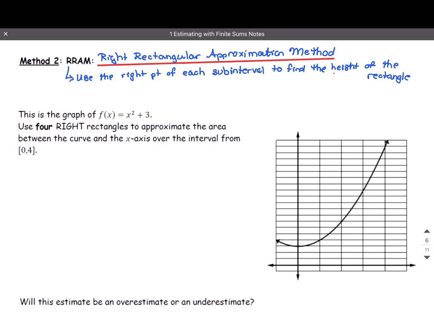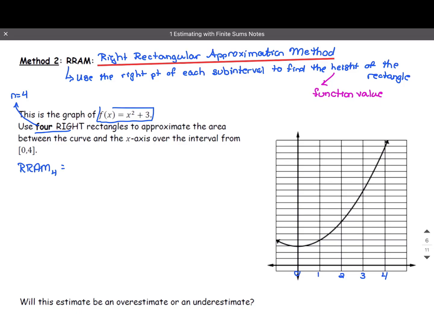And again, the height is the function value. So again, we're using the same function x squared plus 3, and we want 4 right triangles. So we're going to use n equals 4. So again, we're going to go from 0 to 1, 1 to 2, 2 to 3, 3 to 4. And we're going to do an RRAM sub 4 because we have 4 rectangles.